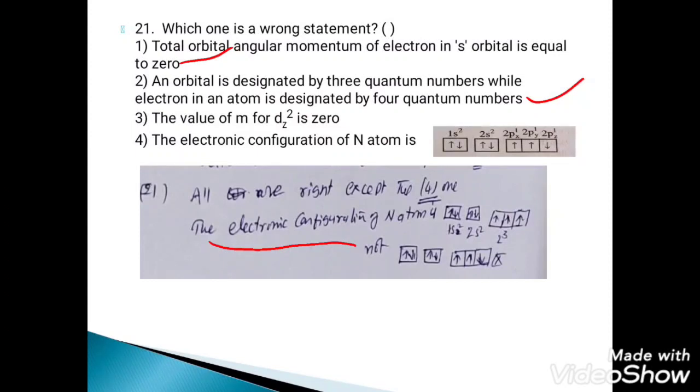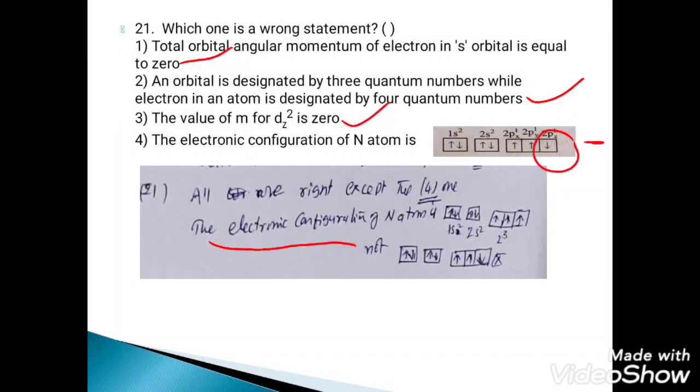The value of m for d z square is 0. That is also correct. In the shape of the orbitals it is explained. And in the electron configuration of the atom, the distribution is correct only, but the direction of the last electron should be upward.